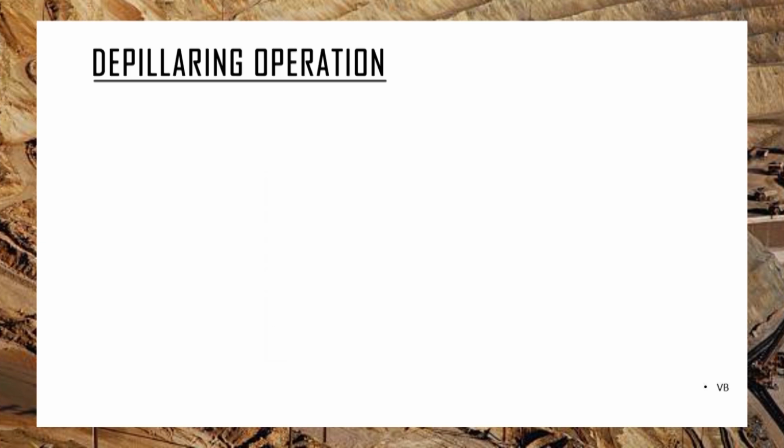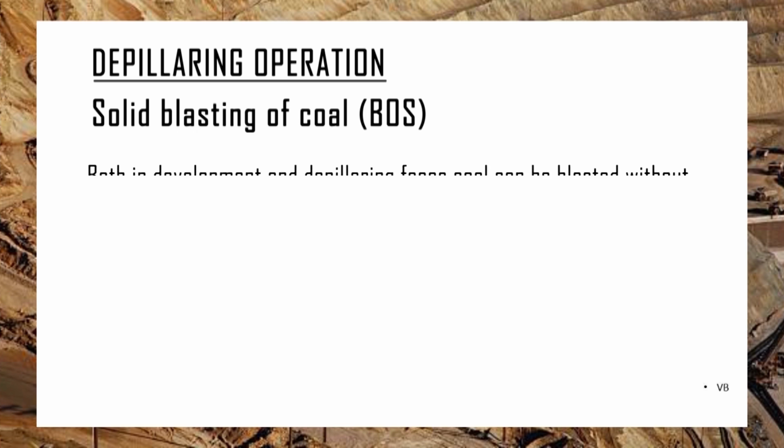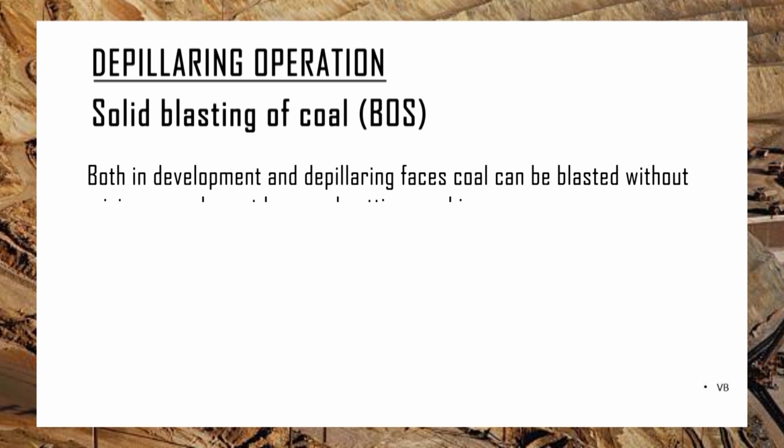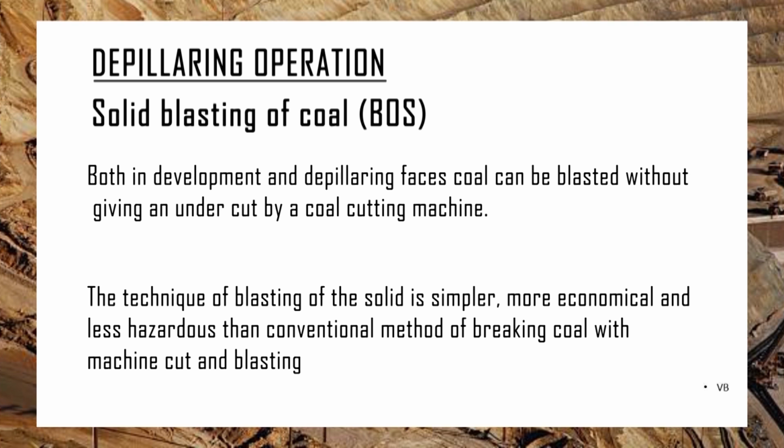Next topic is solid blasting of coal. Both in development and depillaring phases, coal can be blasted without giving an undercut by a coal cutting machine. The technique of blasting off the solid is simple, more economical and less hazardous than the conventional method of breaking coal with machine cut and blasting.